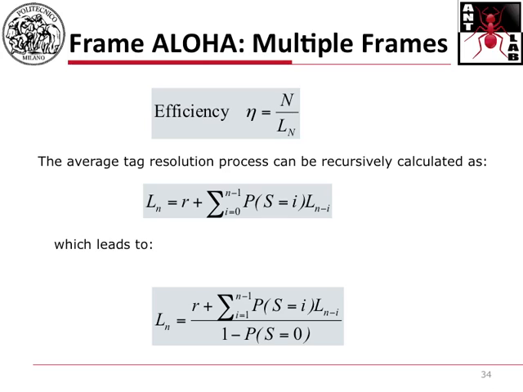Okay? And this is the formula, let's say a recursive formula, which tells you how this L of n parameter can be calculated in the case of multi-frame Aloha. Let's have a look at it in more detail.